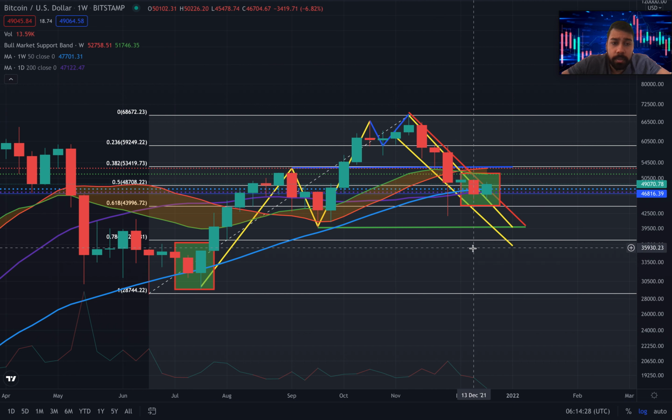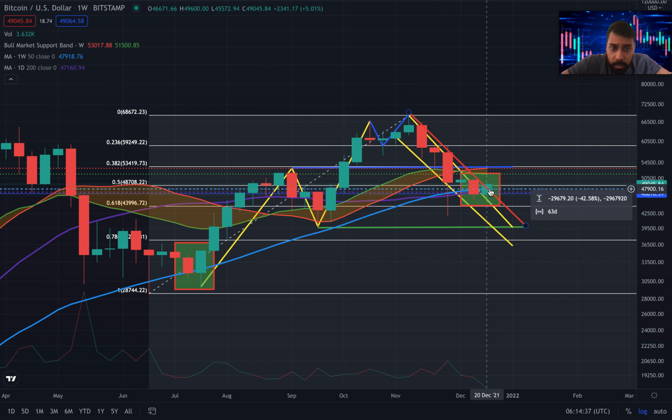If we go here, we can see that red bar that broke the 50 week, the green bar that also broke, but then we closed this week above the previous week's closing price. So we had our green bar, and the 50 week there was 47,900, and the low was 45,500.